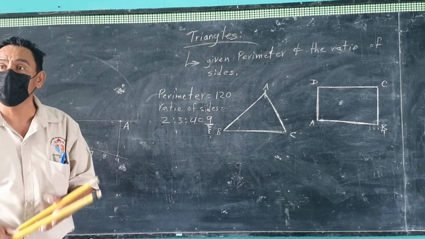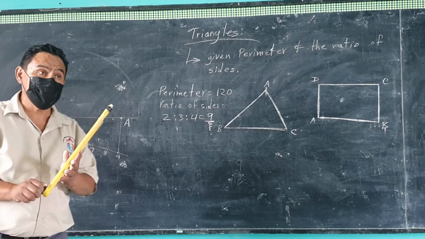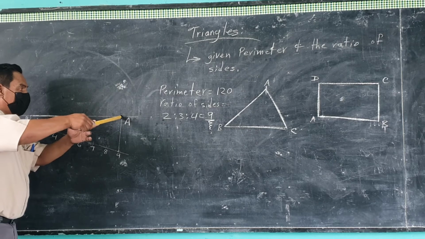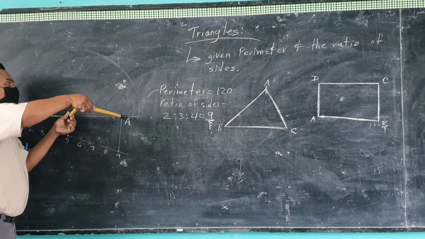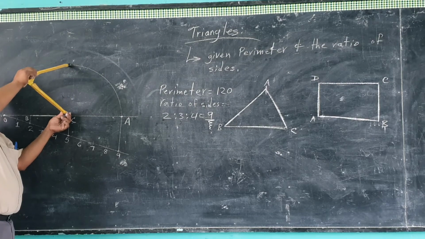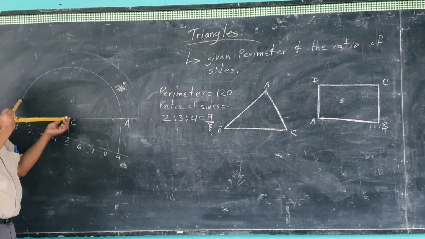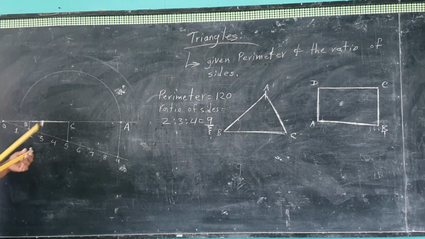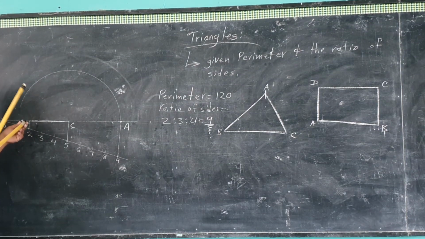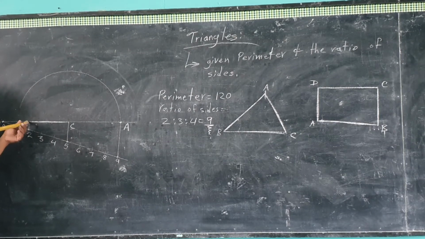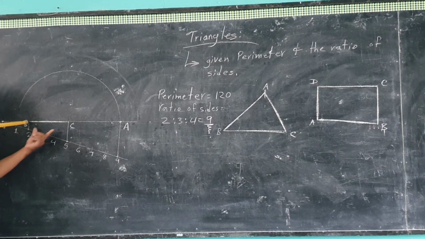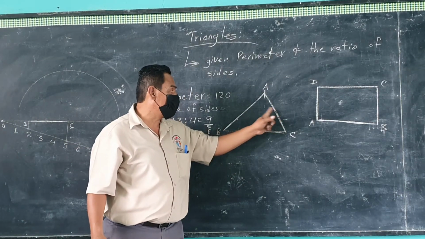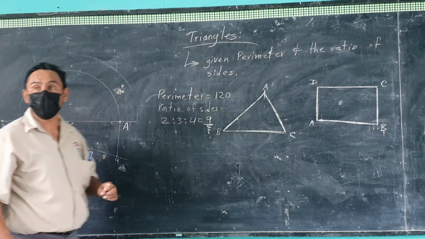So what are we going to do? Using the compass, I will set it at C, open it to A, look at this, and then I will do this, class. I will do a big one. Where do I go after this? At B. Right? You go at B and you open it to C, because remember BC is your middle one. It will be like this. So you're closing. Right now we just closed this. Now I am going to close this one here.